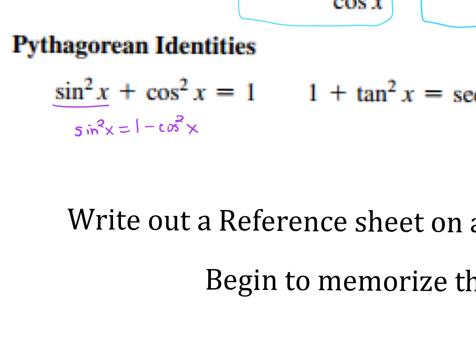Right? That would be one alternative form. Now the other way we could think about this is we could get the cosine squared by itself and we could move the sine squared over. So that means we would have cosine squared x equals 1 minus sine squared x. Thank you for waiting.